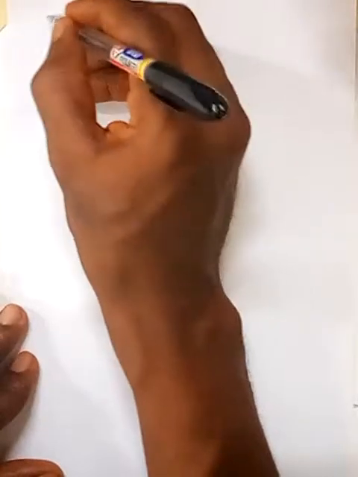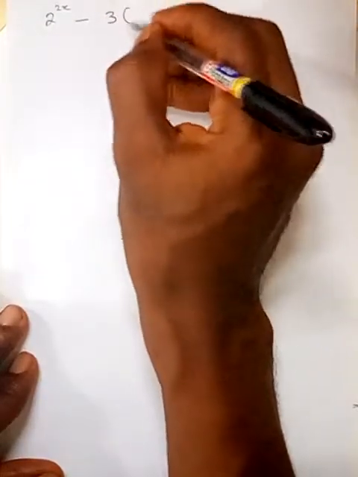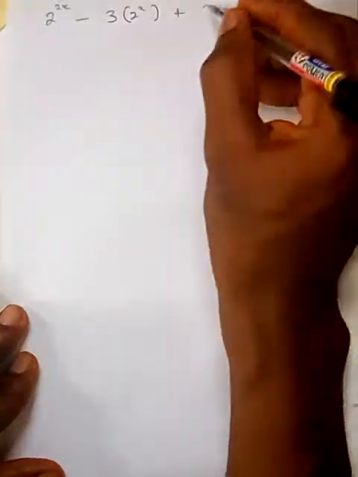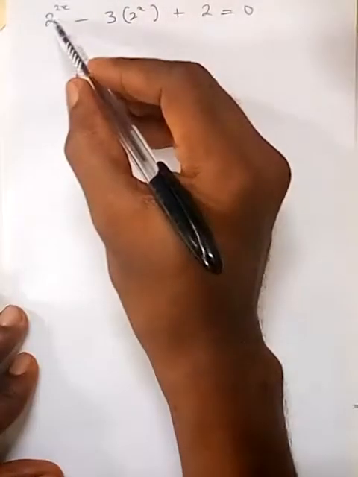Okay. Exponential equations also proceed. You can be told to solve the exponential equation 2 raised to the power 2x minus 3 times 2 raised to the power x plus 2 is equal to 0. The simple trick here is to write this as 2 raised to x, raised to the power 2, and call it a function, say p.